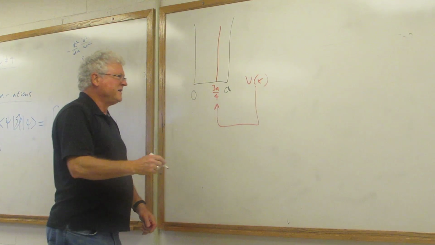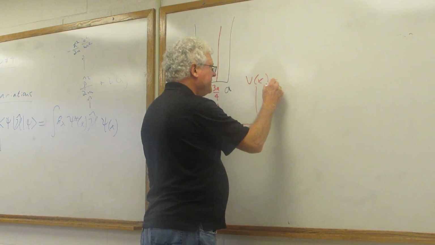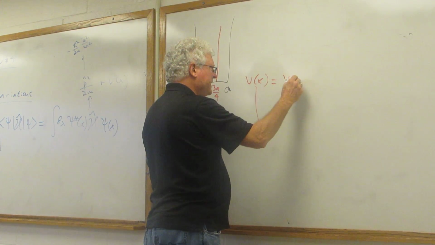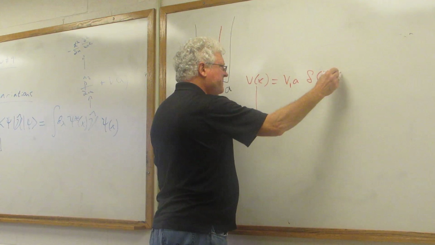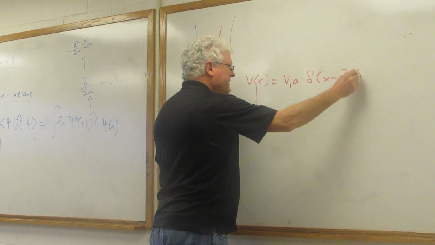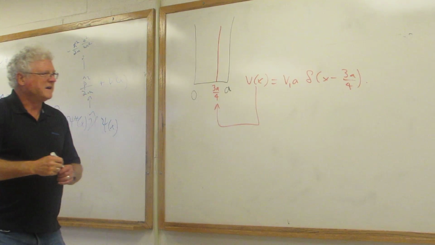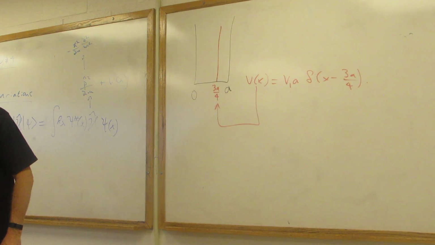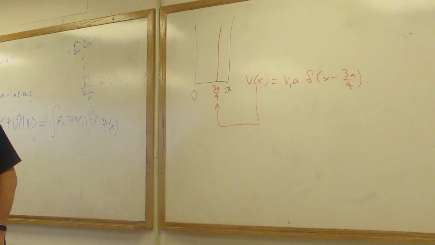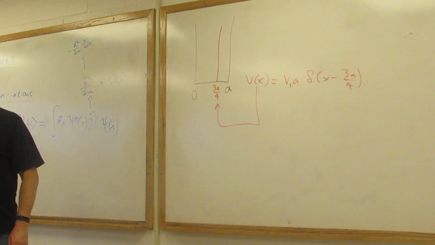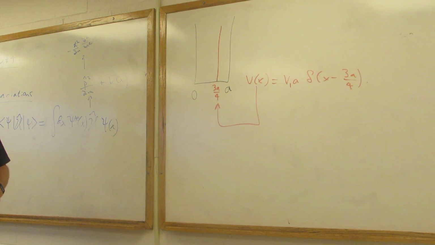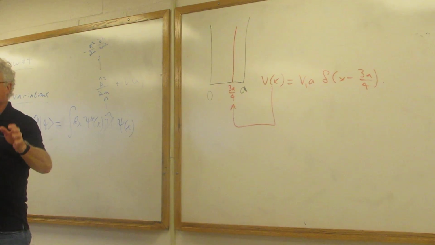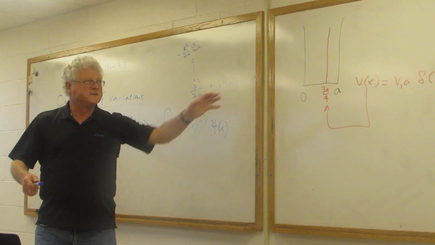I called it V1 a delta of x minus 3a over 4 for this delta function potential. Then I took a guess at a reasonable guesstimate for how the new wave function might look, or at least a better estimate than our original wave functions, which obviously aren't going to work since there's this extra thing in here.